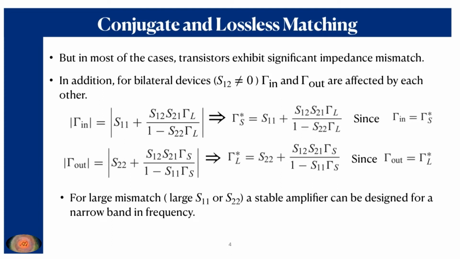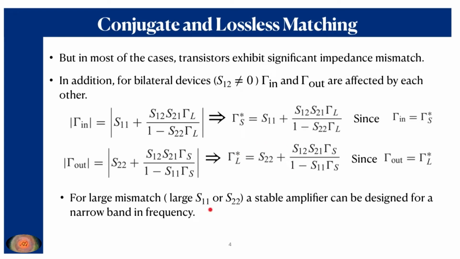Now, by using the conjugate matching condition, that means gamma in equals the conjugate of the reflection coefficient of the source matching network, we can directly write this gamma S star equals this one. In a similar way, using this condition, I can write this expression over here.